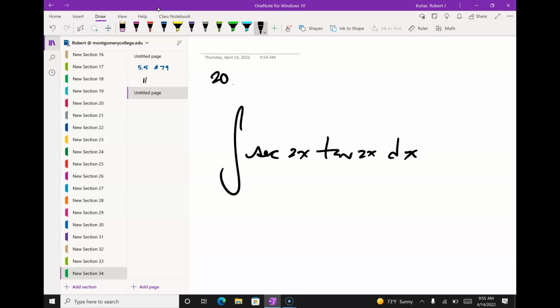So it should be one of the methods, but the problem is I got a messy inside, right? So I'm going to let u be 2x, and du is then 2 dx. Everyone agreed? I'm going to multiply by 2 and divide by 2.